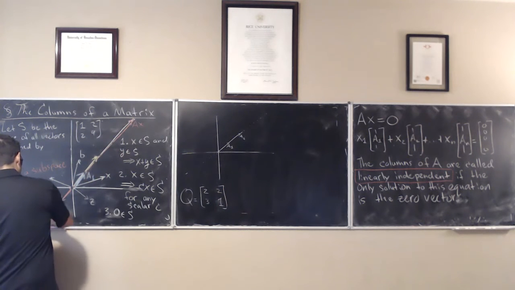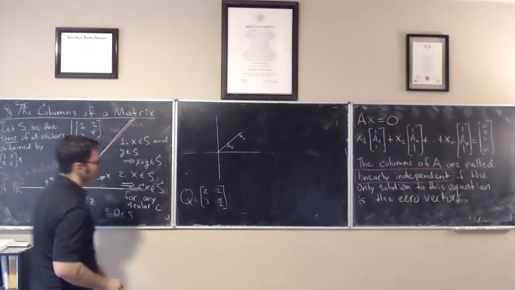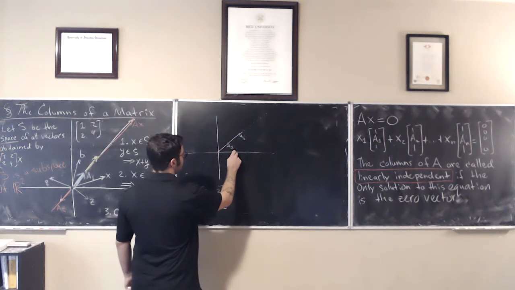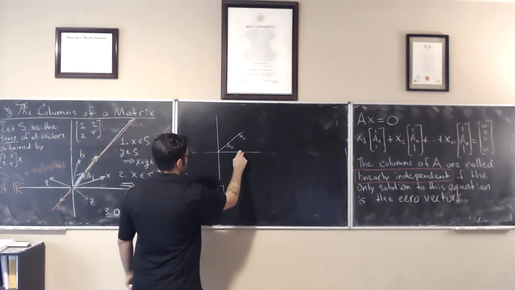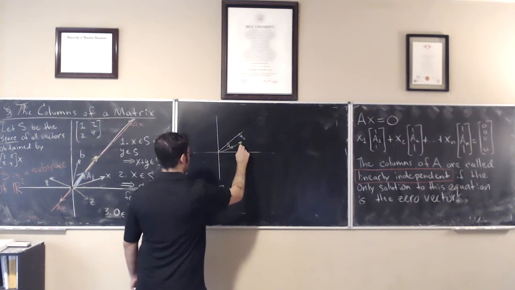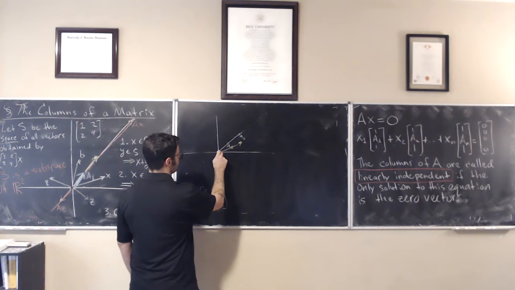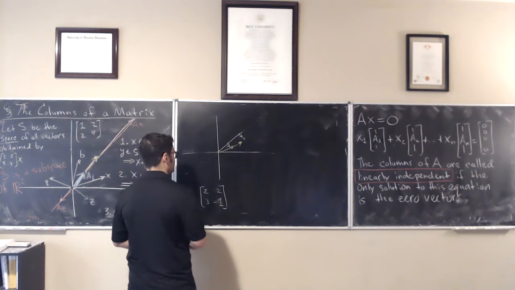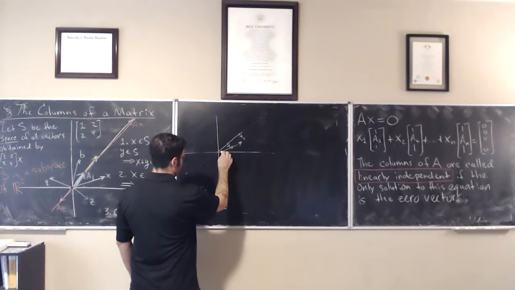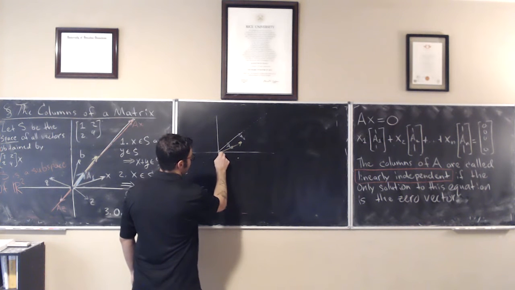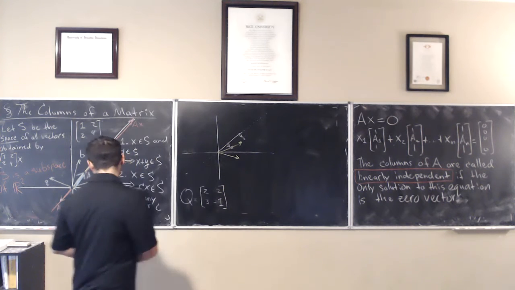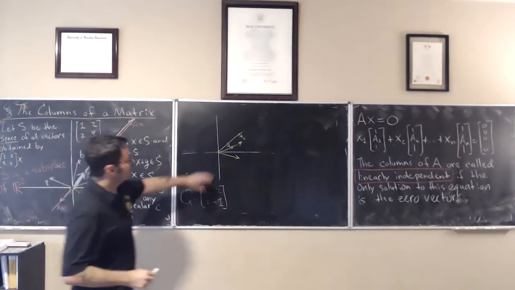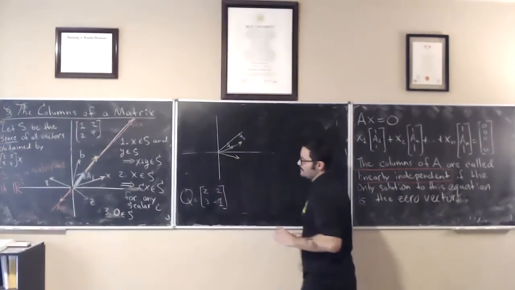So now, when I draw the columns of Q, I have 2, 3, and 2, 1. Let's make it a little bit more drastic. Let's say 2, negative 2, negative 1. Now, when we look at these columns, right?